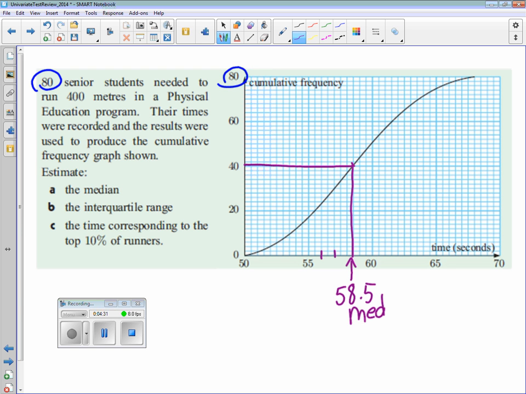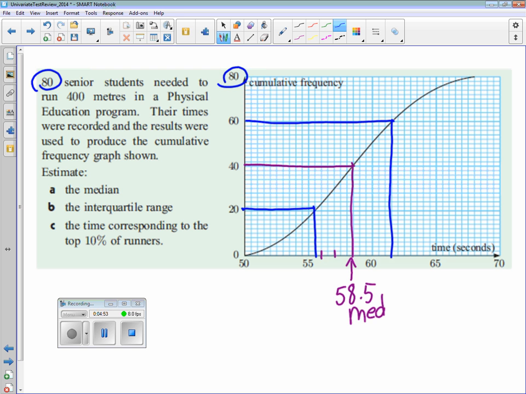So I'm just going to use a different color here. I don't care what color. Let's try blue. So we're going to say 20. And I absolutely want you to draw those lines in for me so I know that you know what you're doing. And then we have 60. We'll do the same thing, again using the grid lines of your paper.